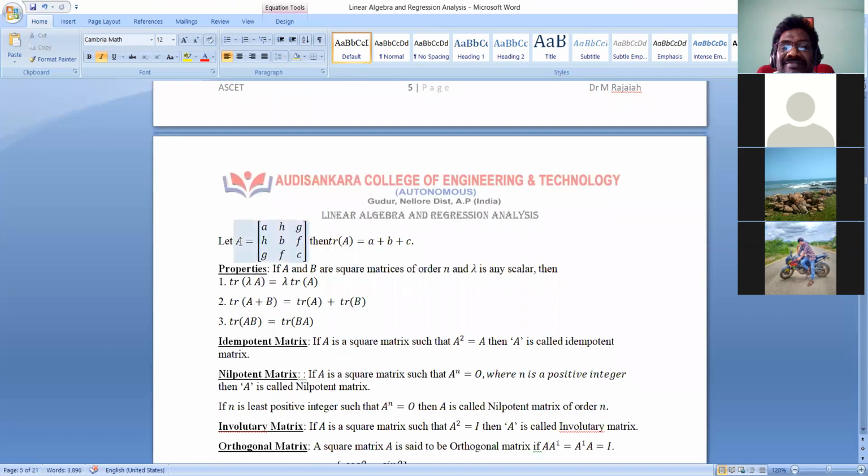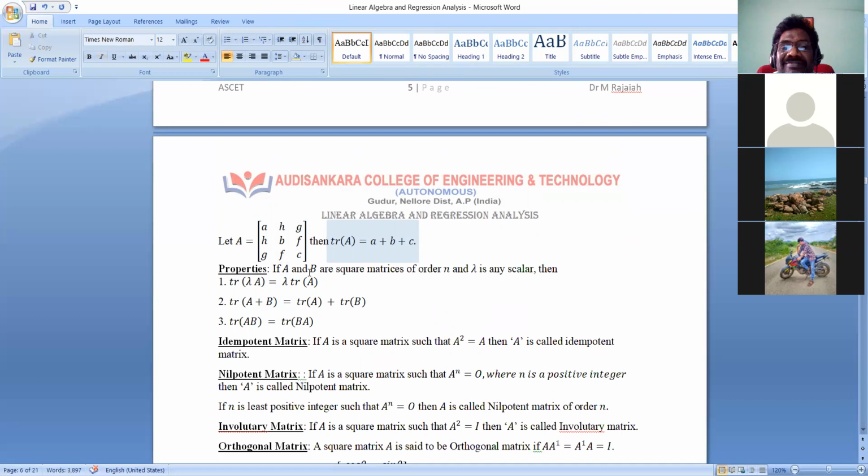For example, let A be a given 3 by 3 matrix with principal diagonal elements a, b, c. Then the trace of A equals a plus b plus c. Here we come across some properties of trace.